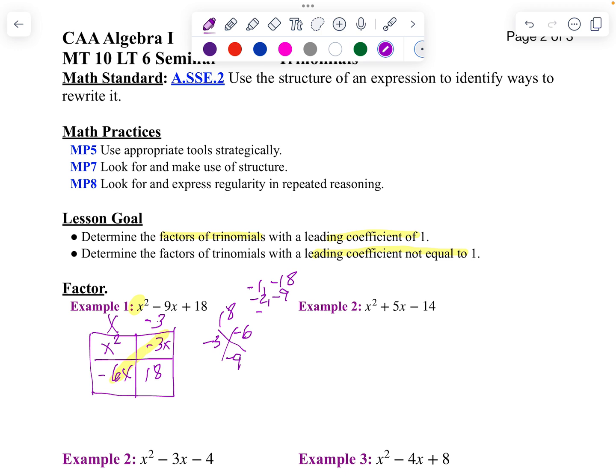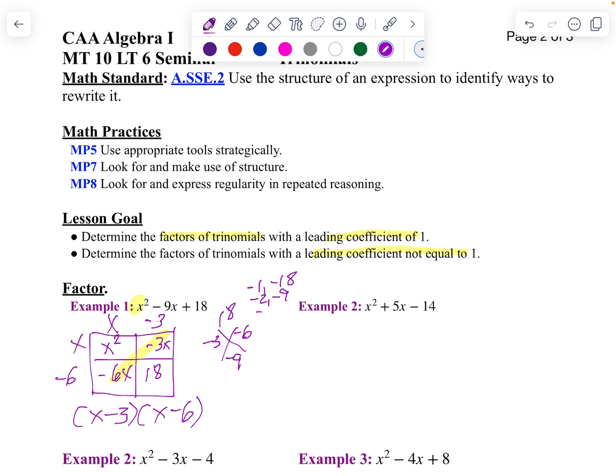If your first term is negative, factor out a negative. Then going across, what goes into x squared and negative 3x? Well, that'll be x. And then what goes into negative 6x and 18 is negative 6. So my answer is x minus 3 and x minus 6.